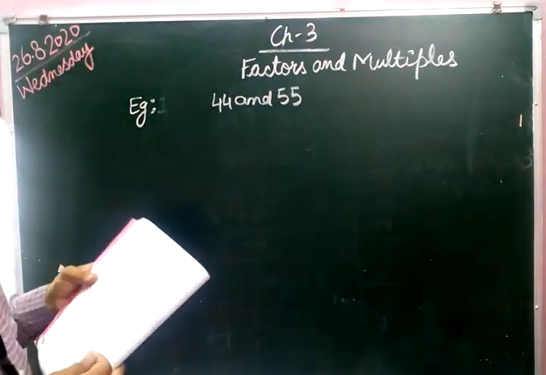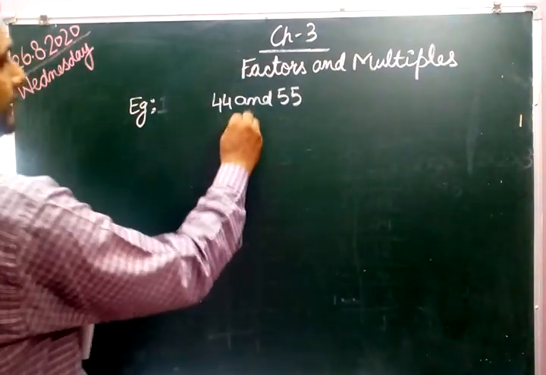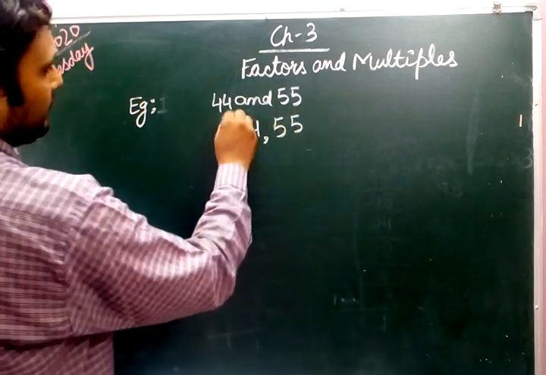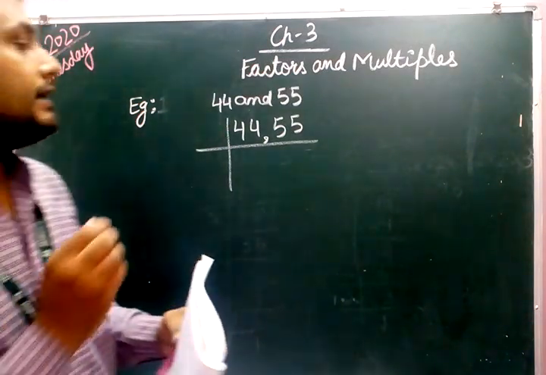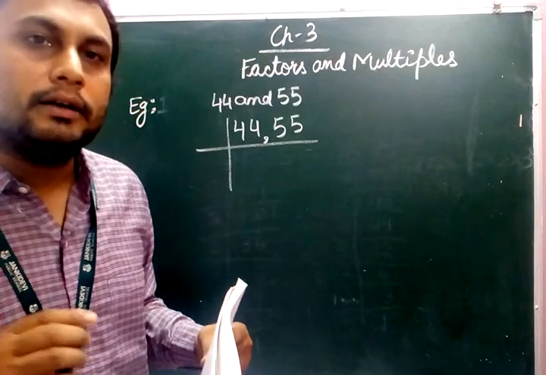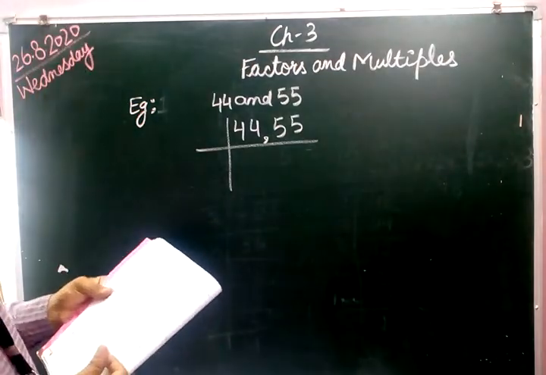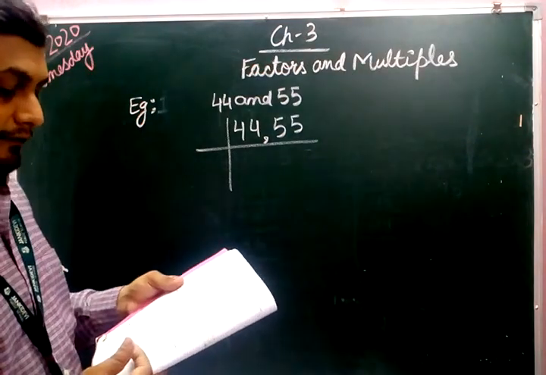So what you have to do, first you have to find the LCM of 44 and 55, and after taking out the LCM you have to add the 8. Clear? In this way you get the answer.